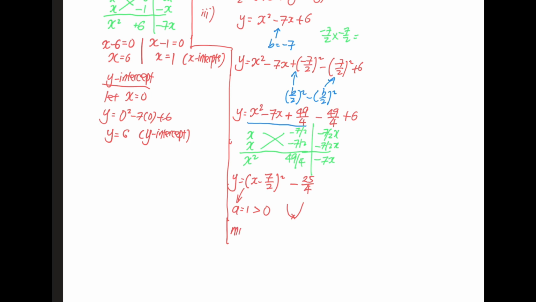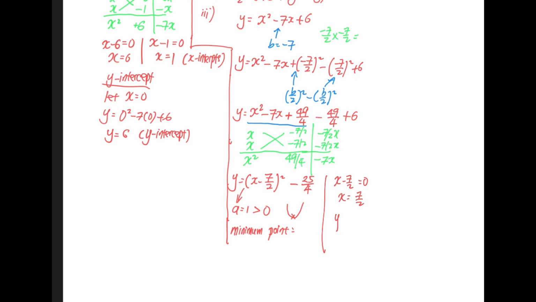So our minimum point is hence, okay, look at this bracket. We let the bracket equal to 0. Okay, so imagine I let the bracket equal to 0. I get x equal to 7/2.